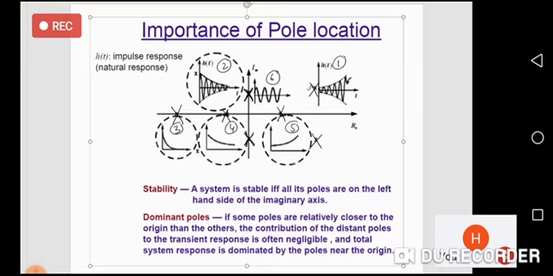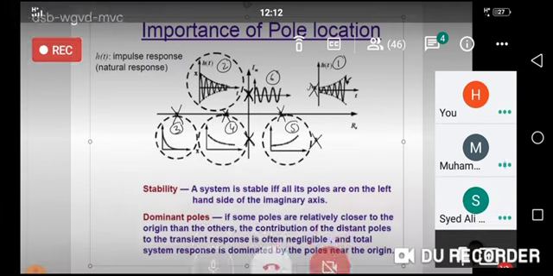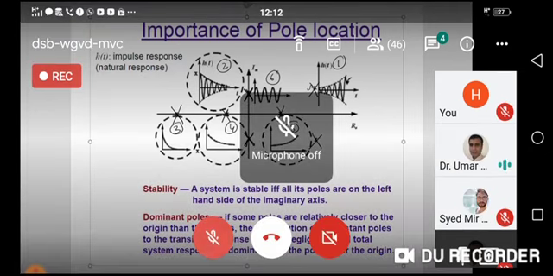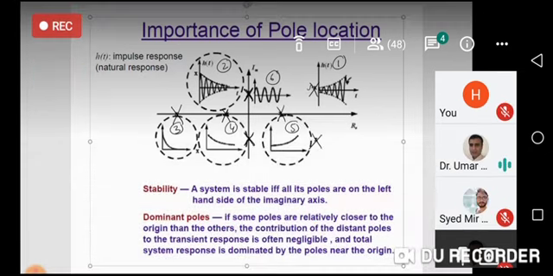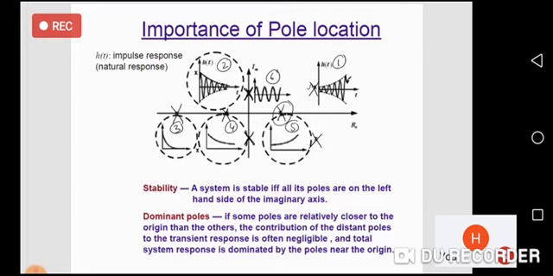On the horizontal axis, and which direction? In the right half plane. Right hand plane पे, real axis पे, so this pole represents this system response. ठीक है? It's a first order unstable system. Okay.